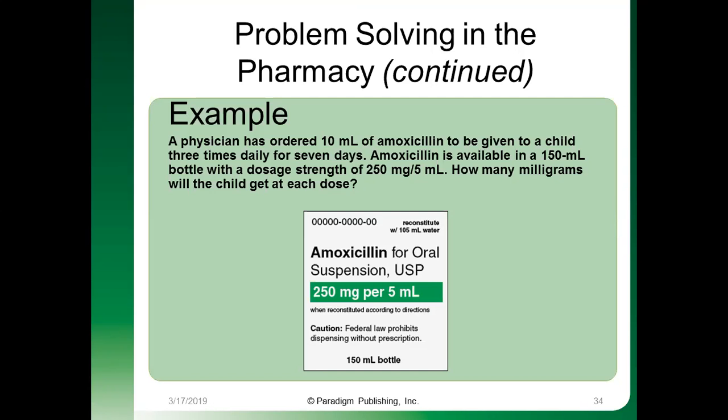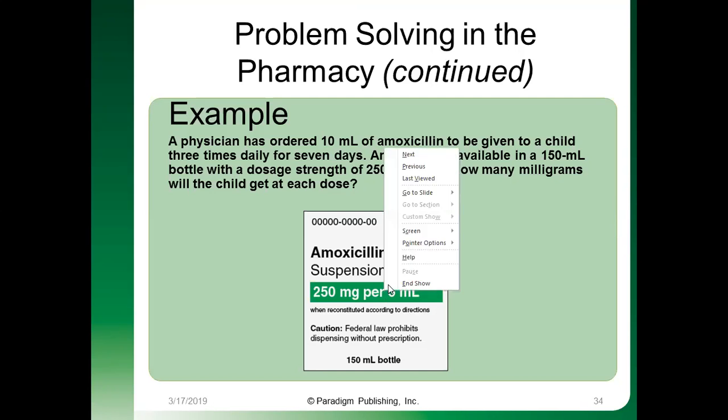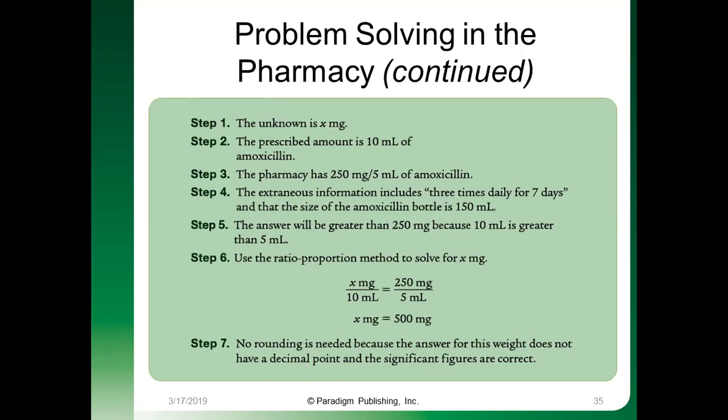Okay, so again, look at the problem, look at what it's asking for, and find what information you need to solve this problem. The unknown is X milligrams. The prescriber amount is 10 mLs.